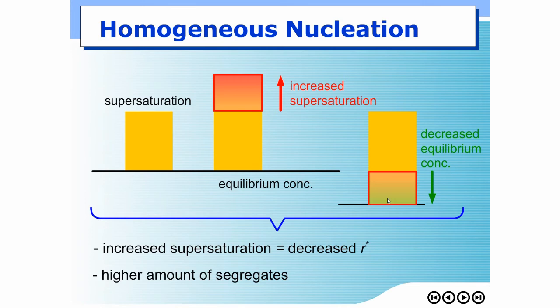Okay? The size will be smaller, the number will be larger, or more particles will be formed. So that means the higher the supersaturation level that you can achieve, you get a lot more small nuclei. If you get a small level of supersaturation, you get a few large particles. Okay?